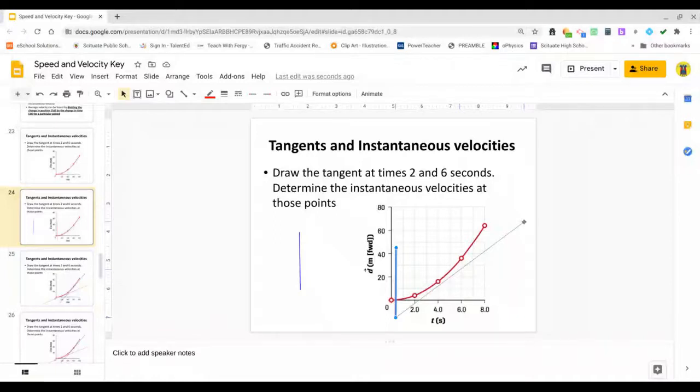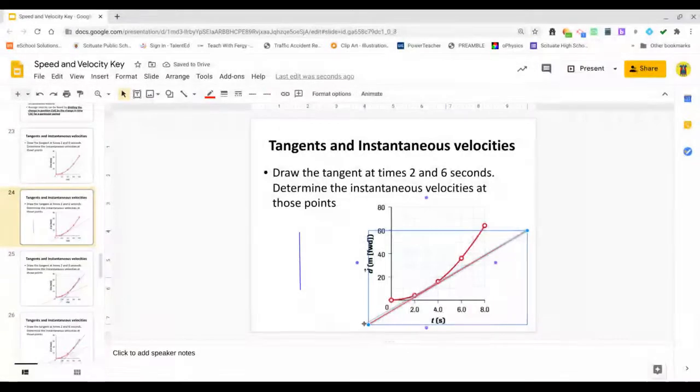My tangent line, by definition, is supposed to touch a curve at only one point on the curve. Like if it was a circle, it would touch it at one point. So in this case, I'm moving it around and I'm eyeballing it.